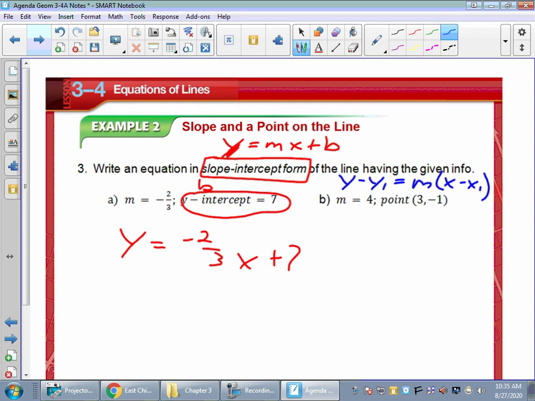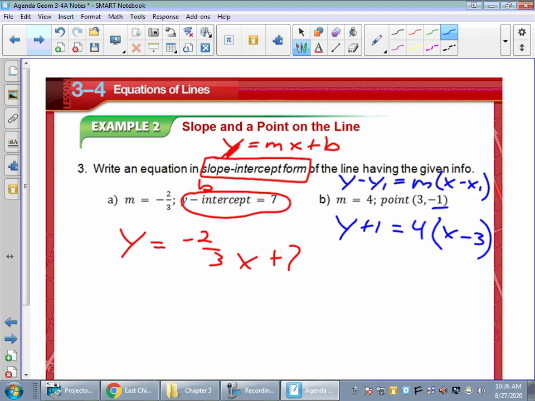So if I start with point slope here, I go y plus 1. Why is it y plus 1? Because my y coordinate is negative. It would be y minus a -1, which would make it y plus 1. Two negatives make it positive, right? My slope is 4, so it would be 4 times x minus my x coordinate. So it would be x minus 3.